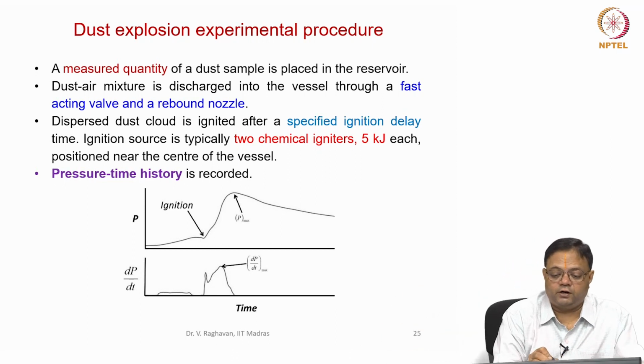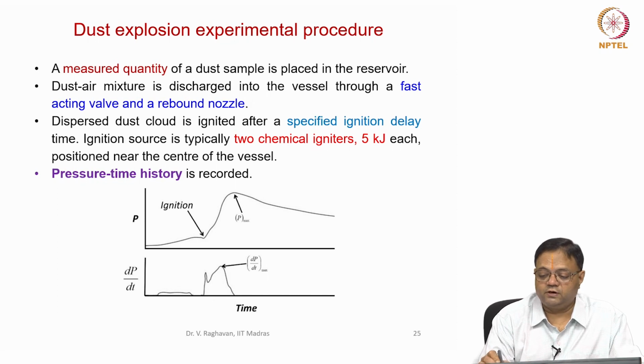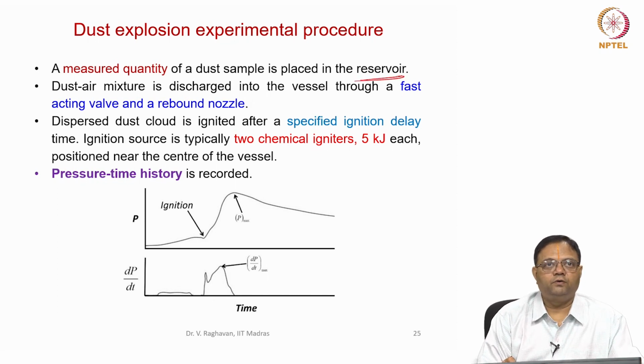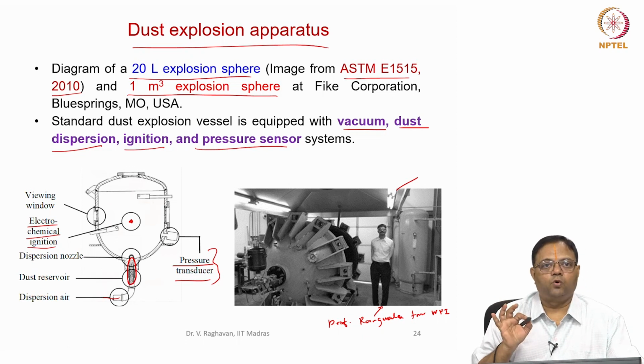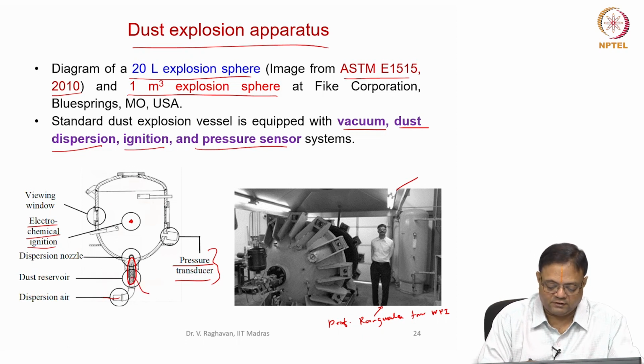A measured quantity of a dust sample is placed in the dust reservoir. So we know the mass of the dust. Go back to this reservoir, where I keep a known mass. This dust will be characterized by particle size and its distribution, and of course the mass.